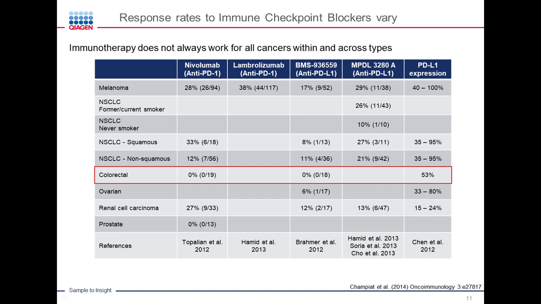However, these have not translated to good responses in colorectal cancer, but you do see good responses for other cancers such as melanoma, non-small cell lung cancer, ovarian cancer, and what have you. And again, there have been a lot of efforts to try to answer the question, why not? Why do you not see good responses for colorectal cancer, for instance, when these samples actually express PD-L1?